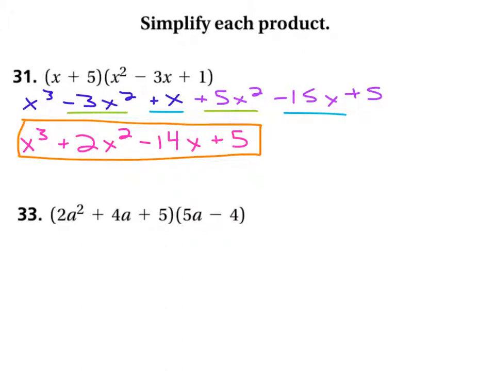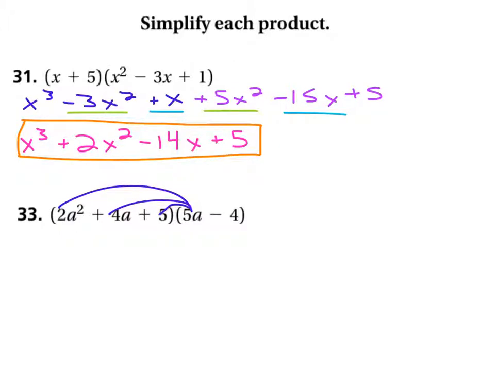Now we're going to do the same thing again down here. It doesn't really matter whether you start from one or the other, I'll show you what I mean. I'm going to distribute this to this, and to this, and to this.